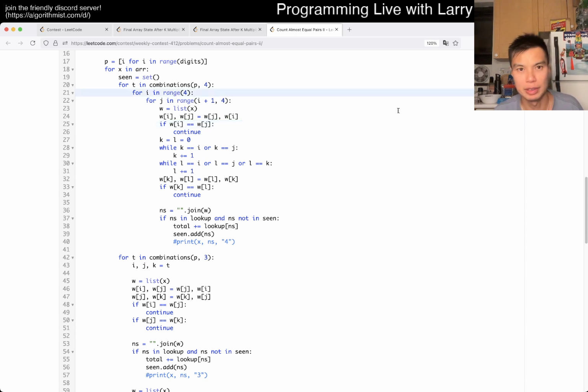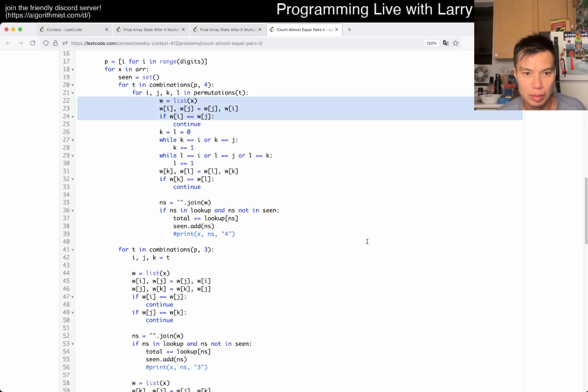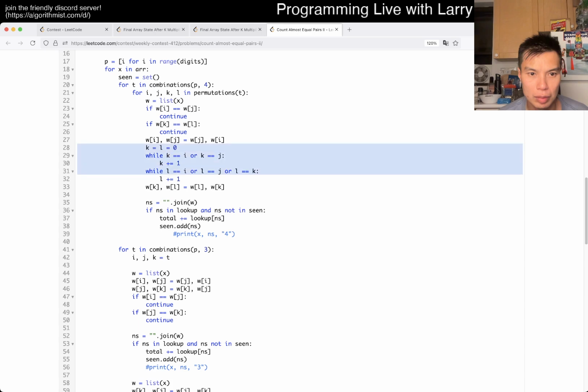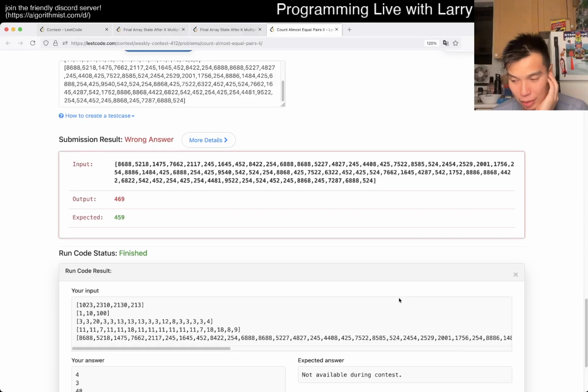I should use a permutation here, honestly, because I think that simplifies my code a bit. What is it wrong on though?